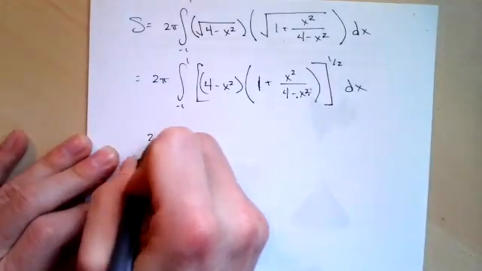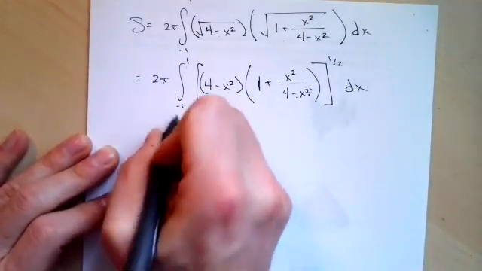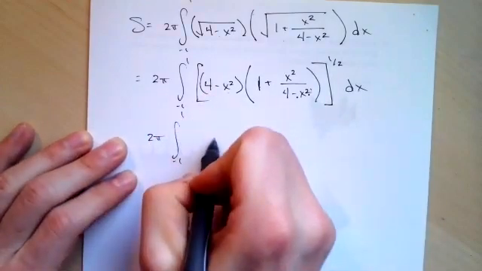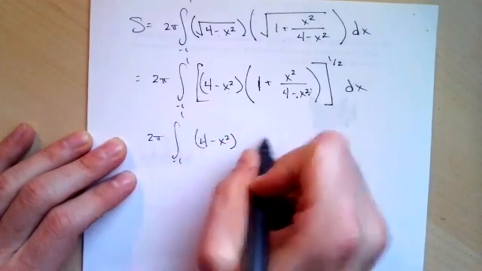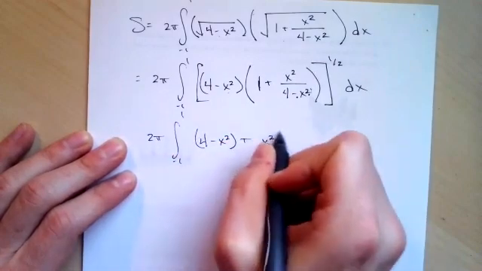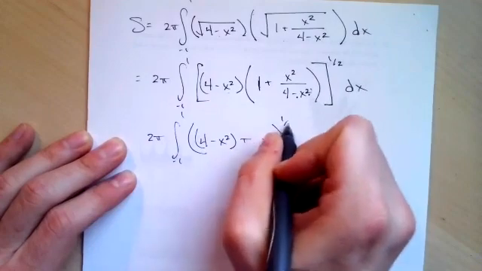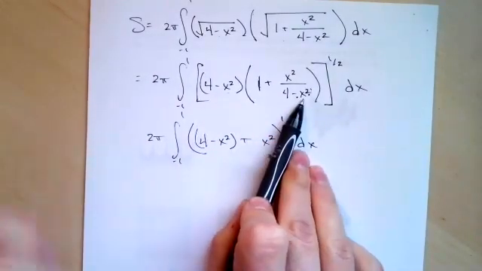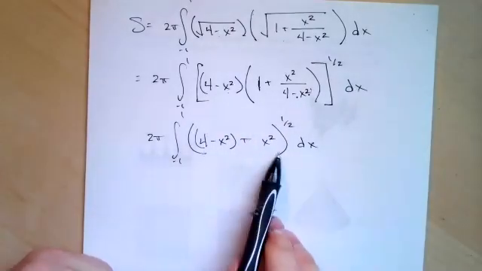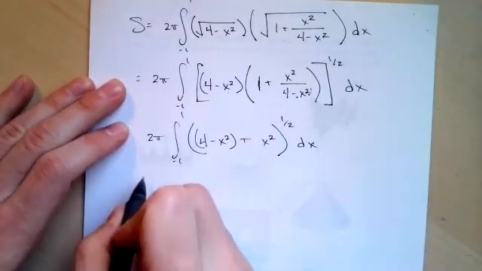So when we simplify that, we will have 4 minus x squared plus x squared all to the 1/2. So nicely enough, since that term was the same as the denominator there, when they cancel, it gives us a fairly easy simplification.